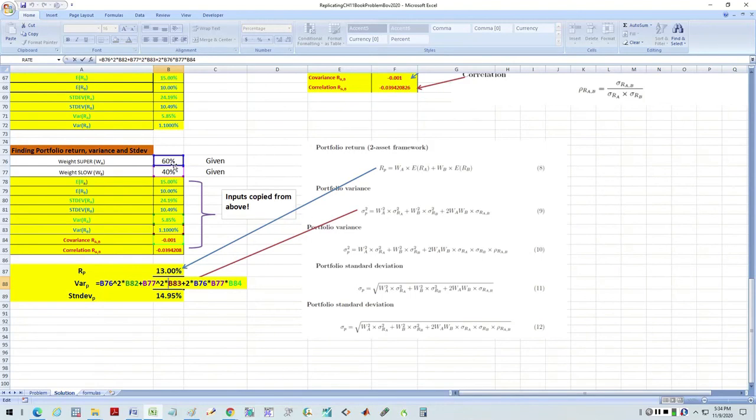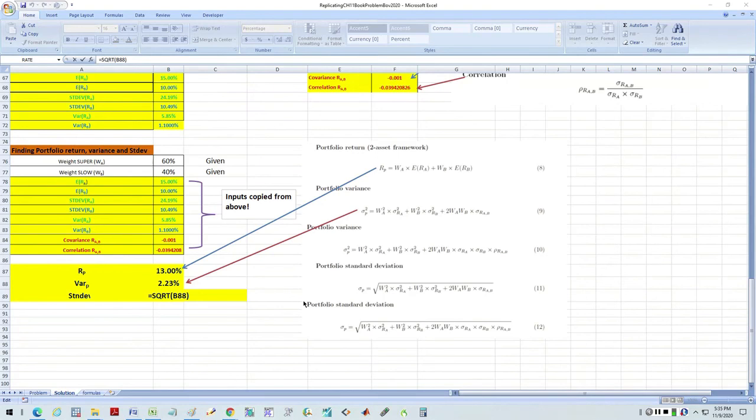Weight A square times the variance of A plus weight B square times the variance of B plus 2 times weight A times weight B times the covariance term. Pretty straightforward if you understand the formula and know how to apply it. And finally, we have the standard deviation of the portfolio, which is nothing but the square root of the variance, and we have equal SQRT of the B88 cell.